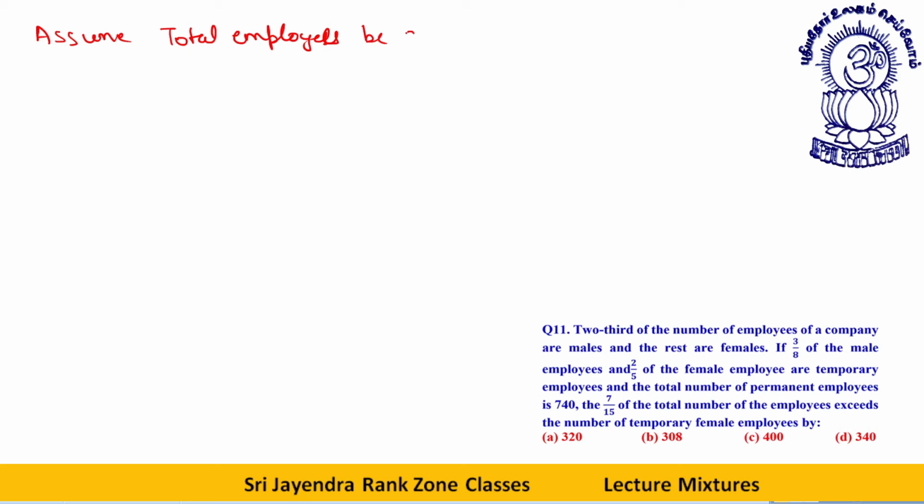Assume total employees be X. Now, let's divide X into male and female. So two-third are male, so male becomes two-third x, so female becomes one-third x. Clear so far? It must be clear so far.